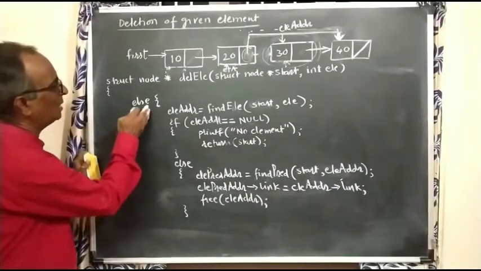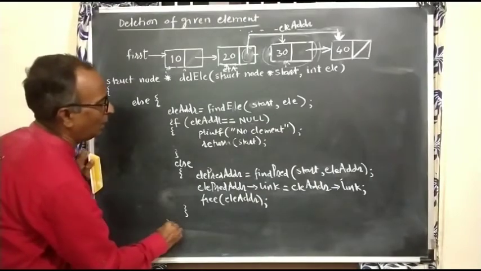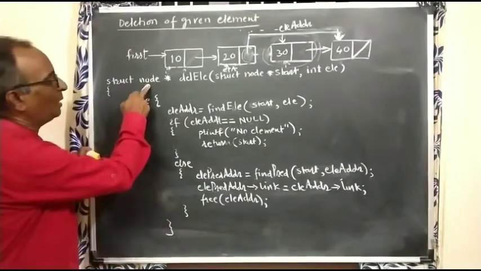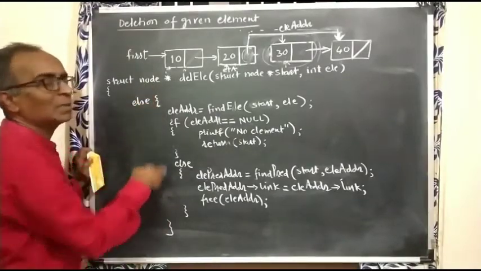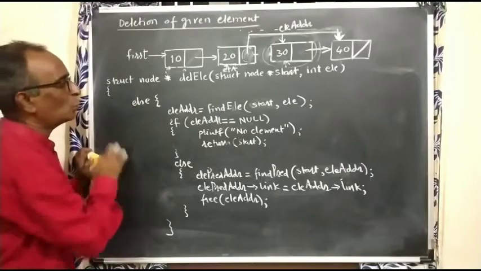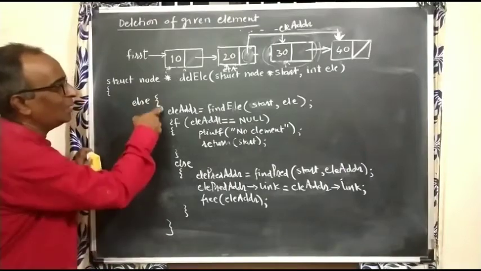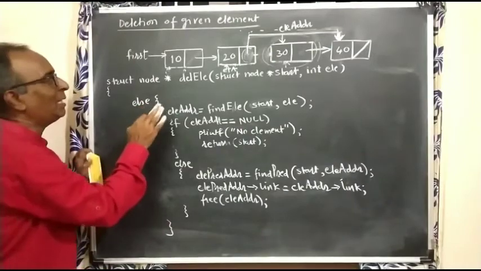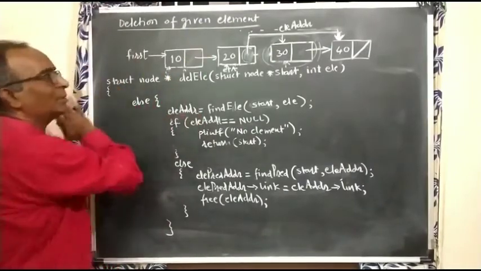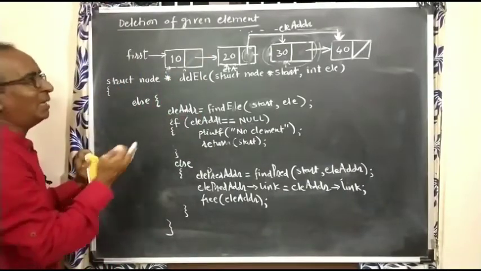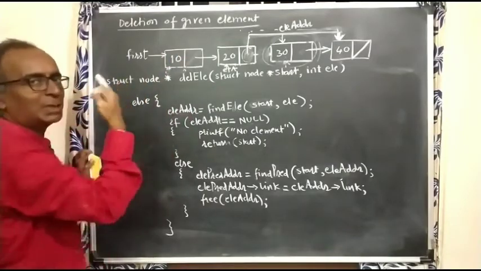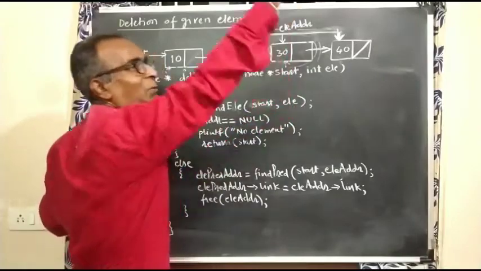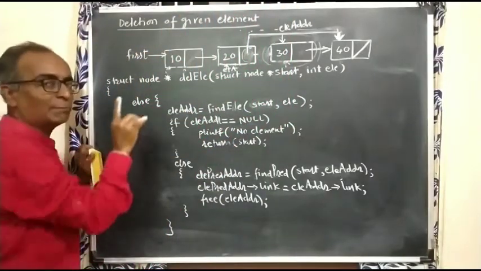That's it. This else part, whatever you are writing, is over, and it will do everything. It returns what? The first node's address. When it comes inside this else part, definitely it is not deleting the first node. So when it is not deleting the first node, first won't be changed. You are deleting either 20, 30, 40 or whatever follows, not the first node.